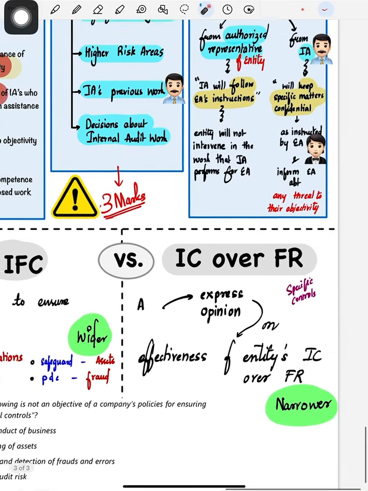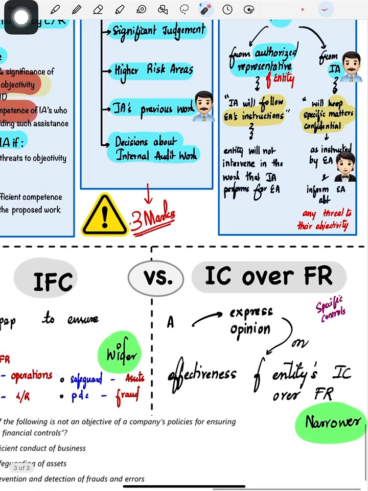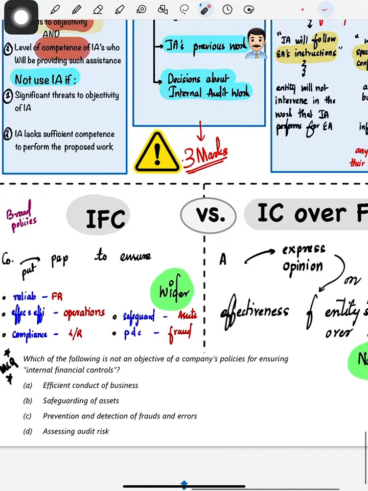But what is internal control over financial reporting? Here, the auditor expresses an opinion on the effectiveness of the entity's internal control over financial reporting.